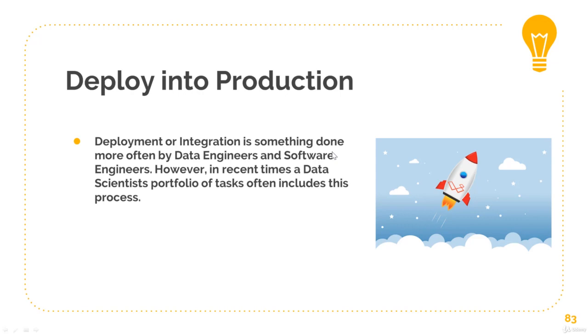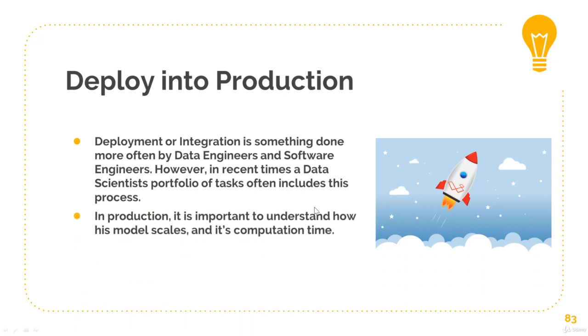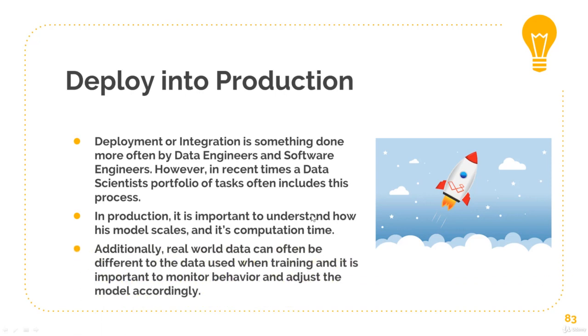It's a very good and useful skill to have, to deploy working models into production, because you're going to have to understand how it scales, how to make it secure, how to make sure it doesn't crash, how to make it work fast, all these things. It's quite difficult, but quite fun as well.